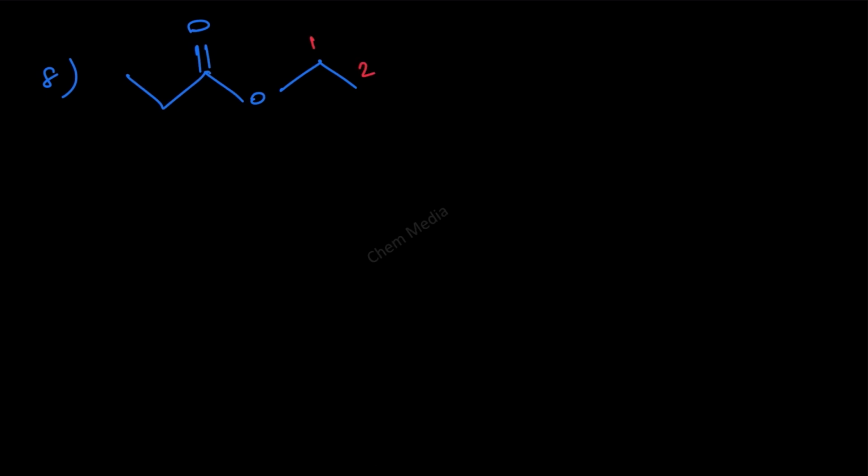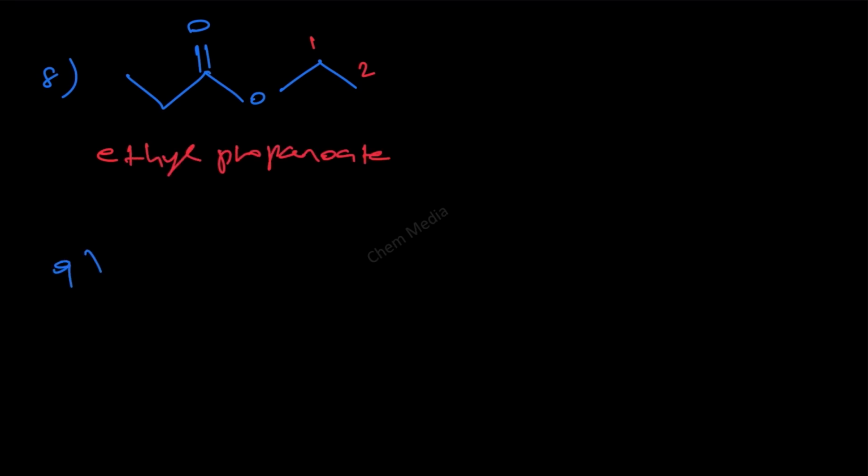Now we will write propanoate and then number 8, we are going to write ethyl propanoate. That would be 1, 2, 3 C double bond O and then an ethyl chain attached to oxygen. So 1, 2. So this would be ethyl propanoate.